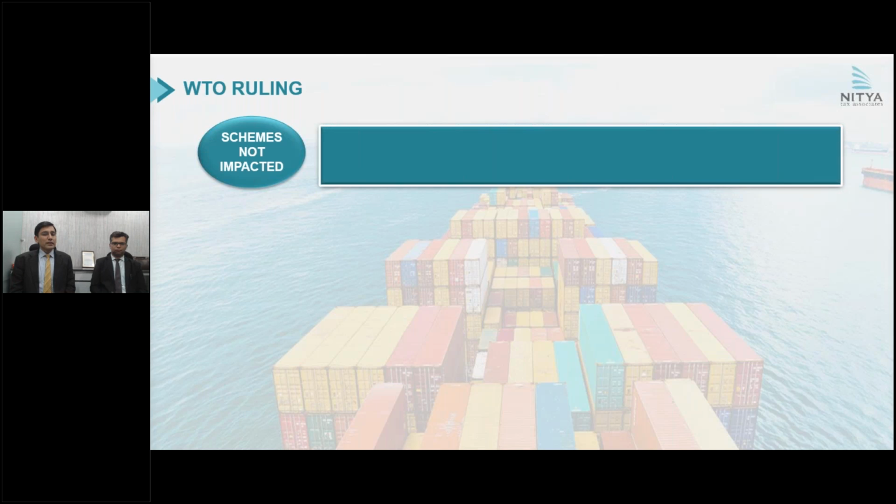Important to highlight that two schemes, SCIS, which is for service exporters, and Advance Authorization DFIA, were not impacted except to a limited challenge.